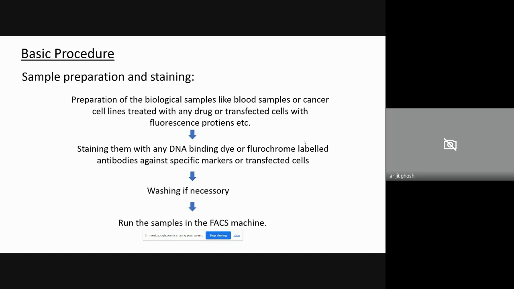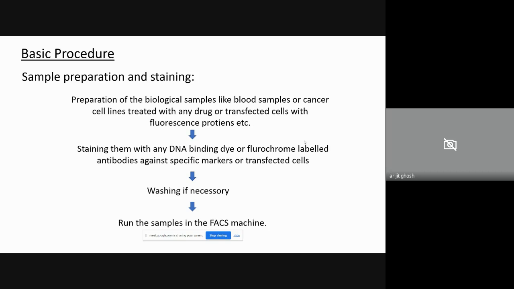First, these kinds of samples are prepared. Like if it's a blood sample, it needs to be lysed. If it's a cancer cell line treated with a drug or a transfected cell, it needs to be harvested and washed. Then the staining procedure comes, not for the transfected cells.